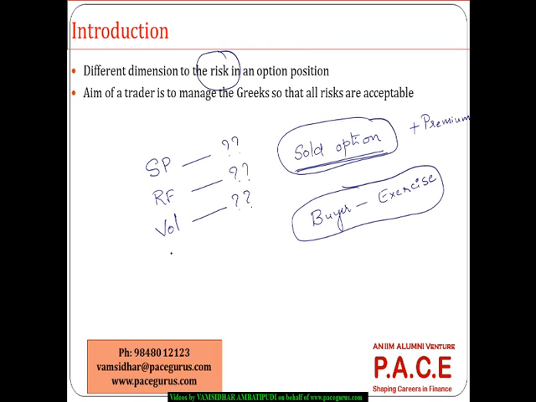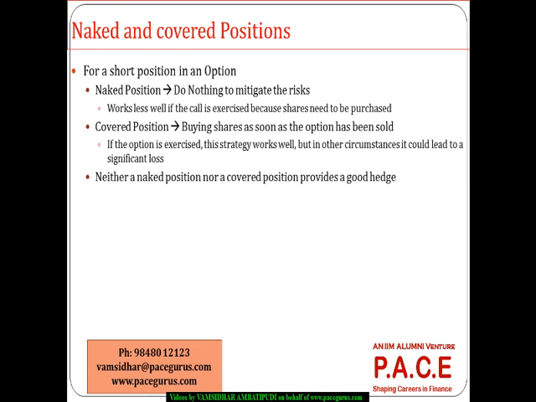So all these things are important in terms of mitigating the risk of the portfolio. And so the aim of the trader at any point is to handle all these Greeks. We'll talk about how we compute these Greeks, but handle all the Greeks so that the risks, all of them are coming under the acceptable limits. So that is what we are going to look at.